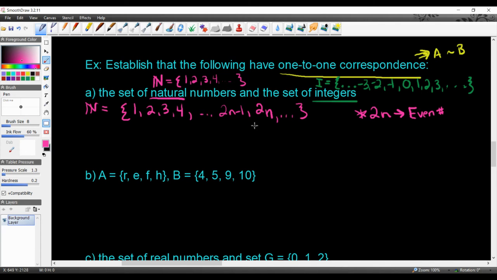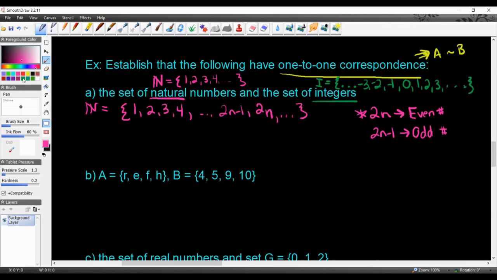Which means if I take away 1 from whatever number this is, it would be 2n minus 1, and that would give us the odd number right before it. Because the natural numbers go on forever, this is just a general statement saying that at some point we have this even number, and at some point we have an odd number. And of course, it goes on forever after that. So just keep that in mind.